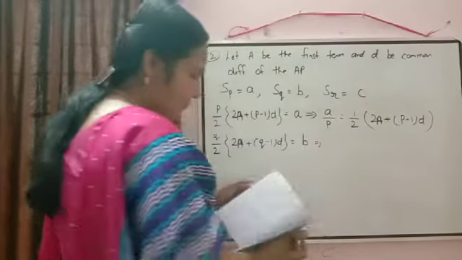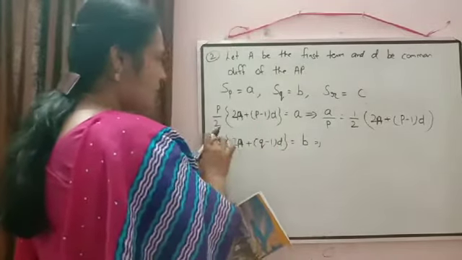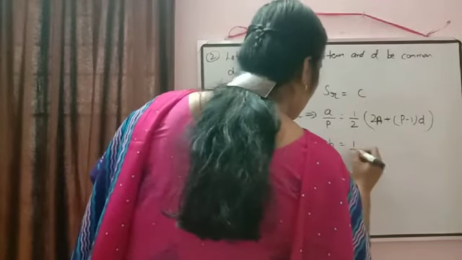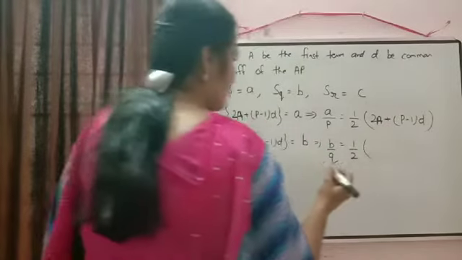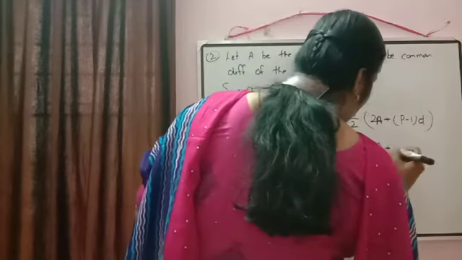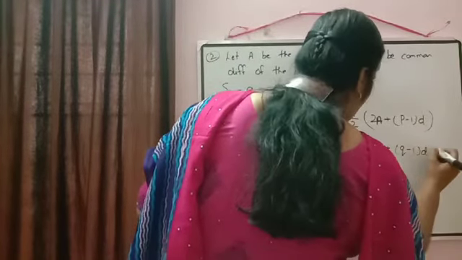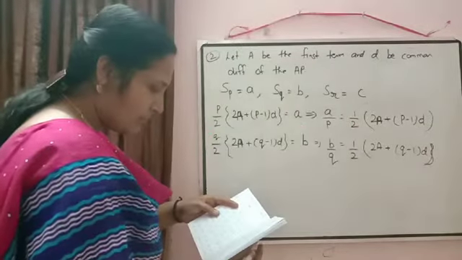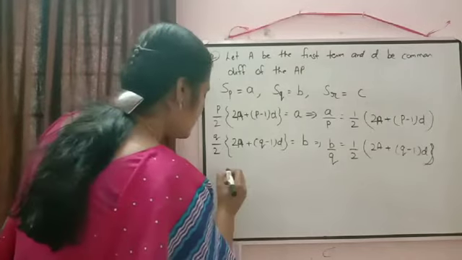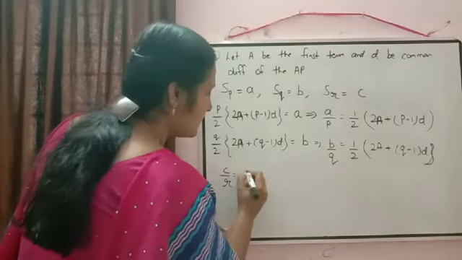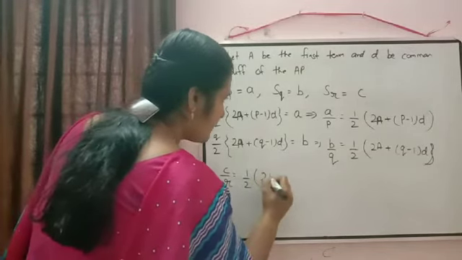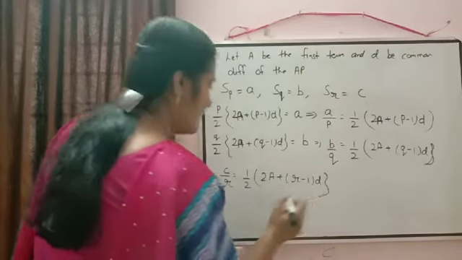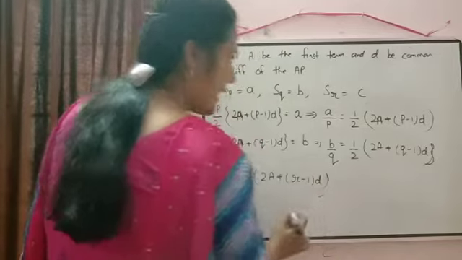So again in the proof we need b by Q. So we'll shift this Q here, then it will be b by Q is equal to half into 2A plus Q minus 1 into D. Okay. Now similarly can we write what will be c by R? So c by R will be equal to half into 2A plus R minus 1 into D. So I hope this is clear how we wrote it directly.